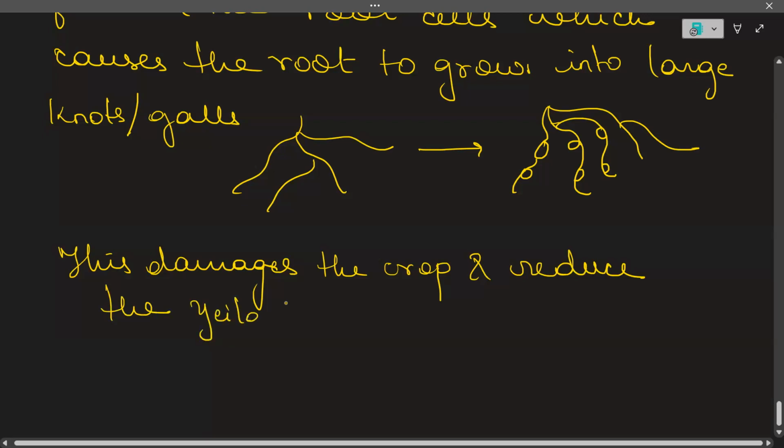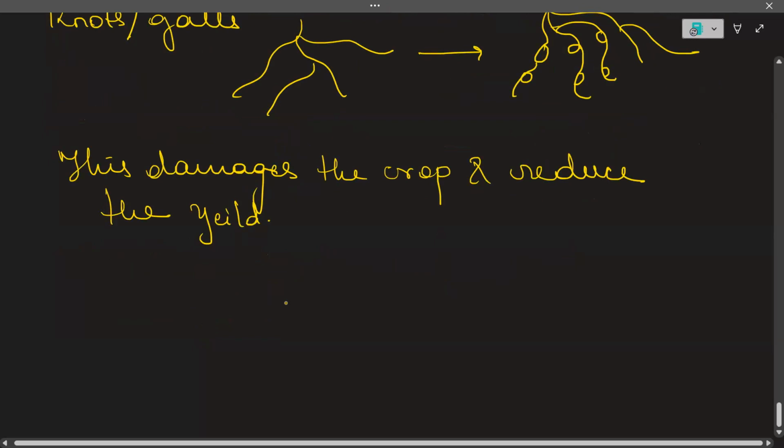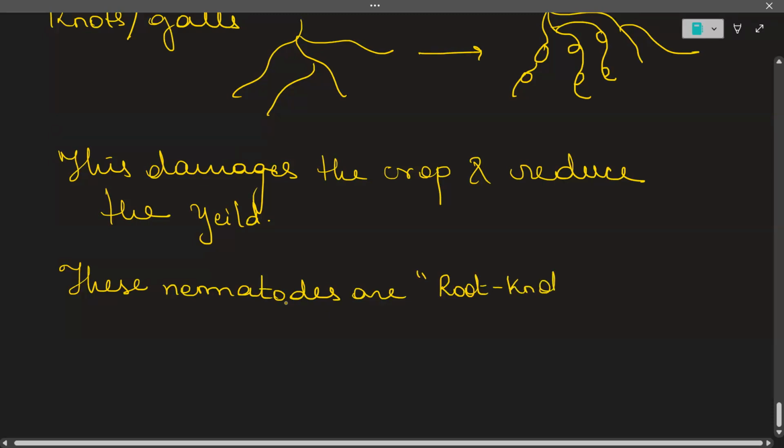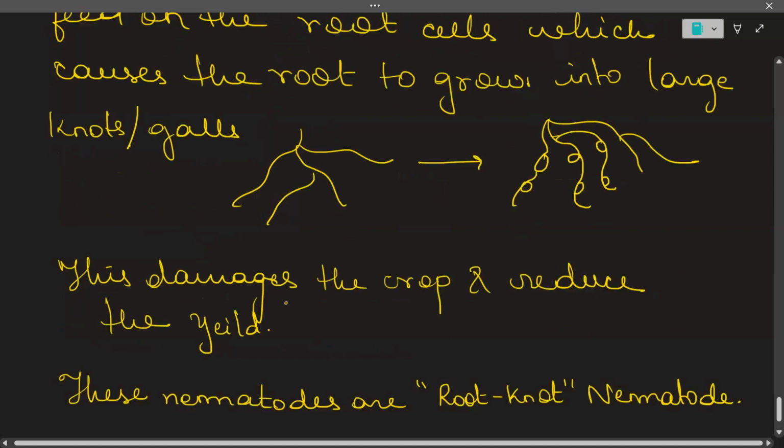These nematodes are root knot nematodes. This much is clear? Okay, students, now note down till here.